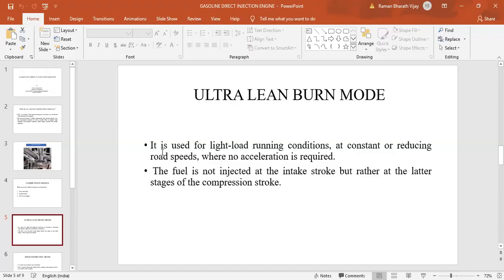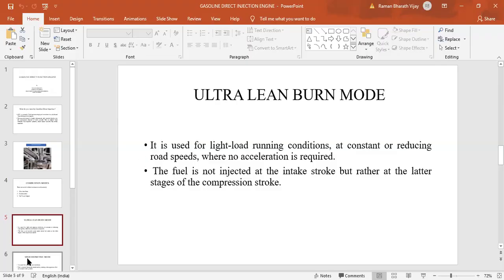So what is the ultra lean burn mode? In this mode, fuel is injected only at the compression stroke. This is the main highlight of this mode. Fuel is injected only at the compression stroke, not at the intake stroke.